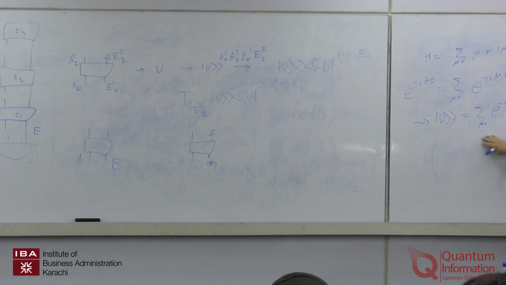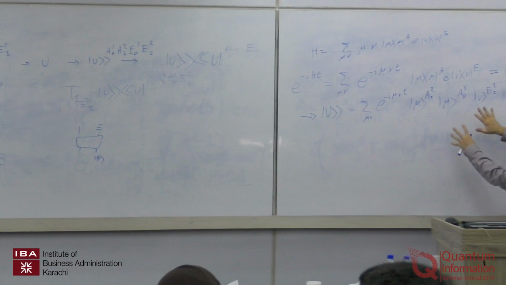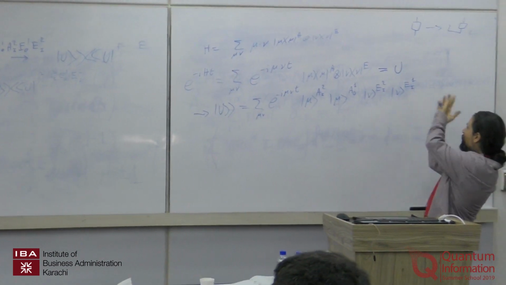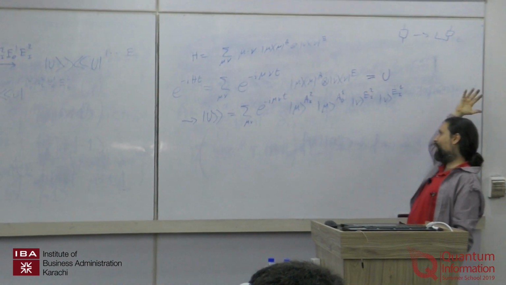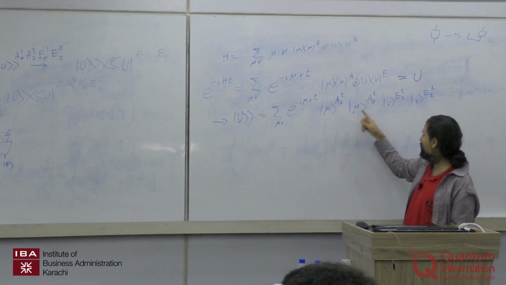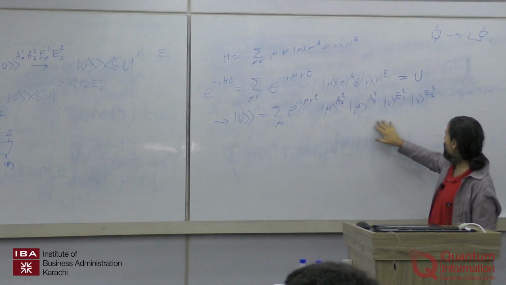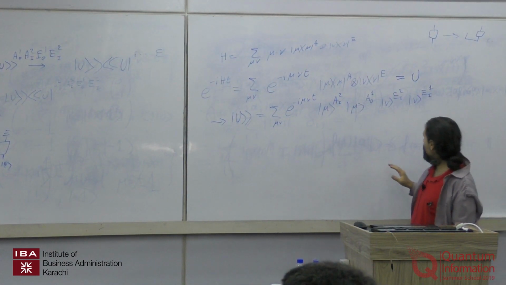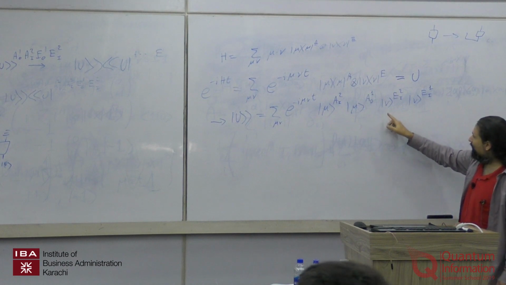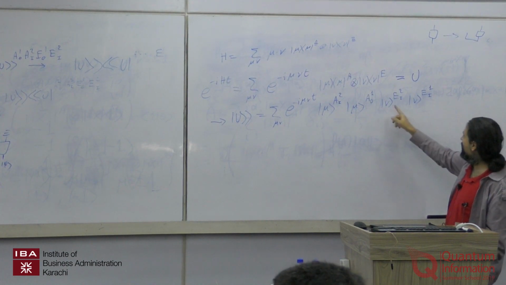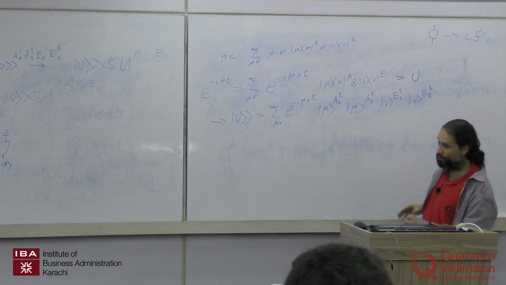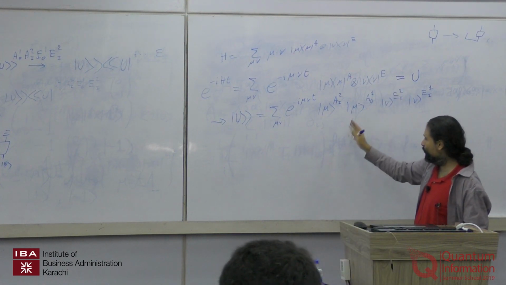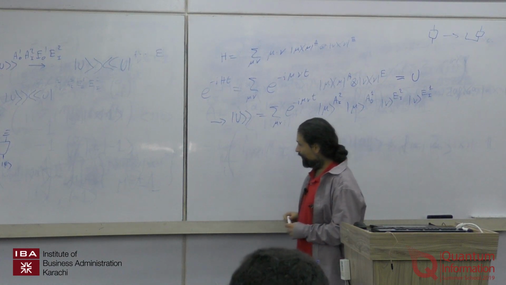Now this is just a little more complicated state, but it's exactly the same machinery as we had before. We take the bra, the ket, the bra, and then if here we have a sum over 2 indices, when we take the bra, we'll have a sum over 4 indices because we'll have 2 on this side and 2 on that side. And then when we take the partial trace, here we will have, say, nu1 and nu2, we'll get a Kronecker delta for the states that we trace together. And then you can go through the calculation and see what happens.